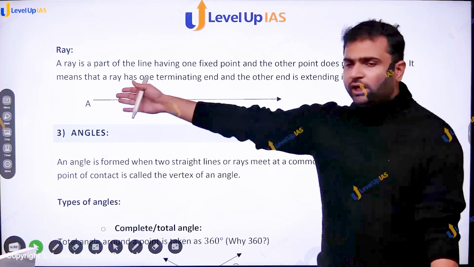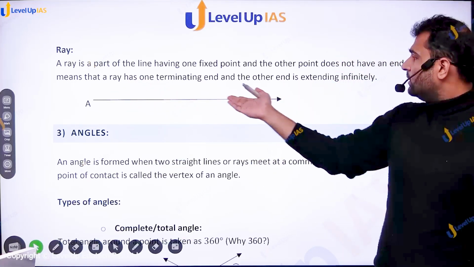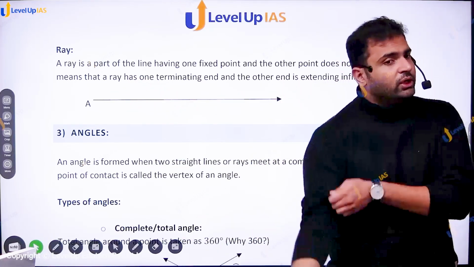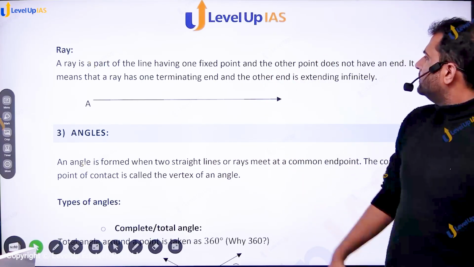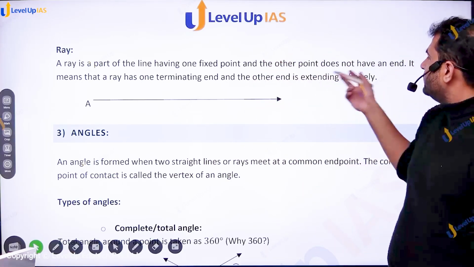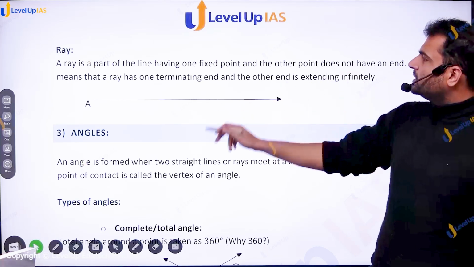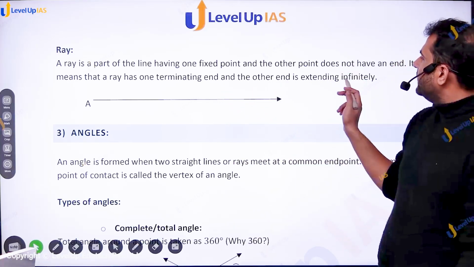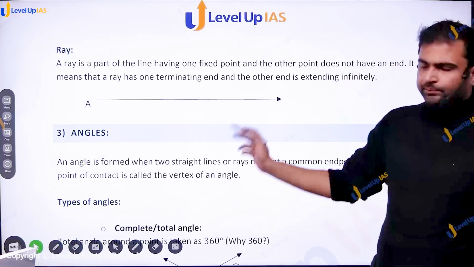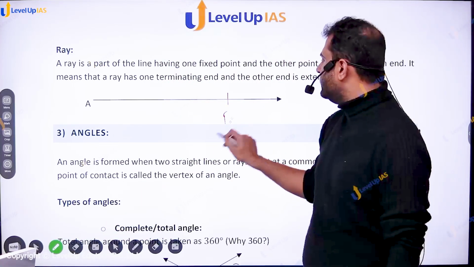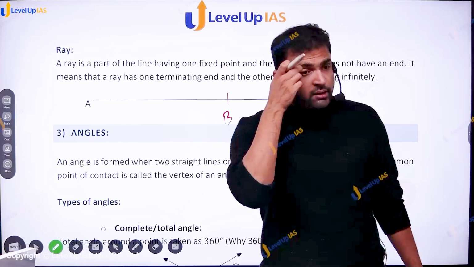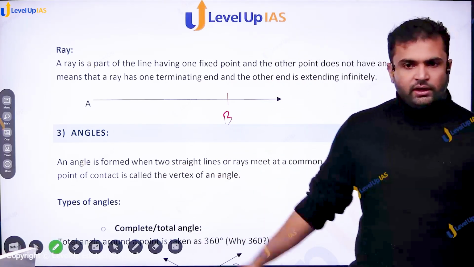So a ray has a point, and then a straight line extends on only one side of it. One fixed point, another point does not have an end. It means that a ray has one terminating end while the other end is extending infinitely. One end is going this way. If we have another point B here, we will say it as ray AB.